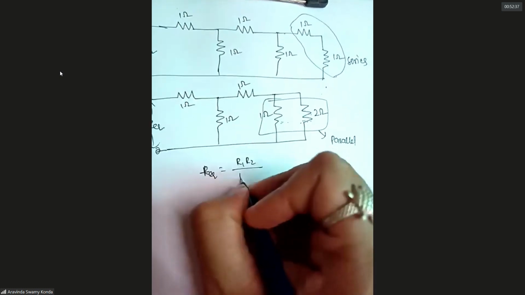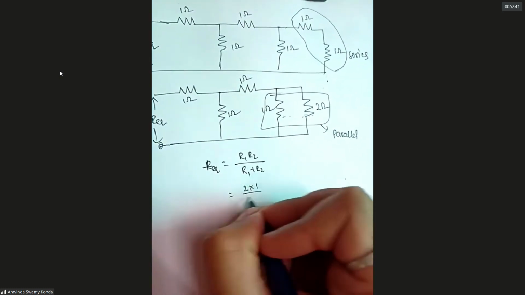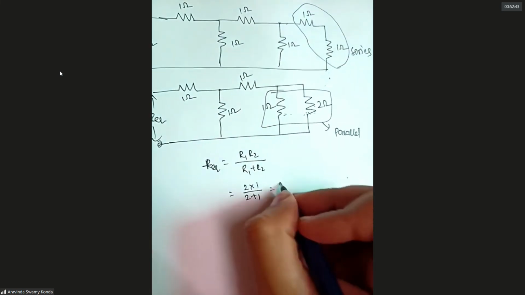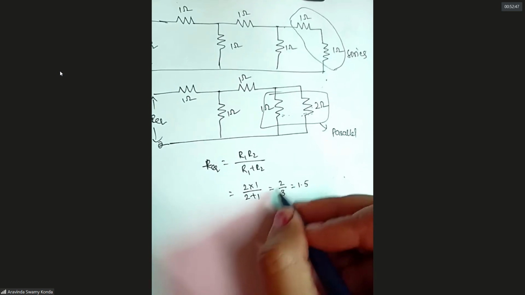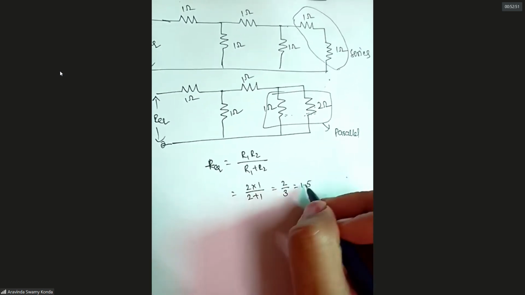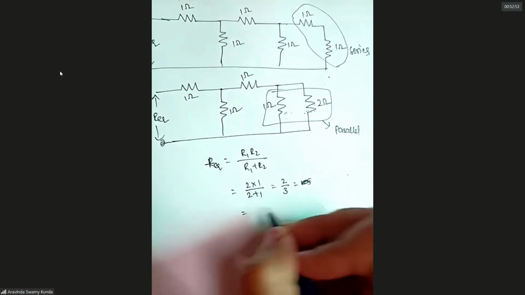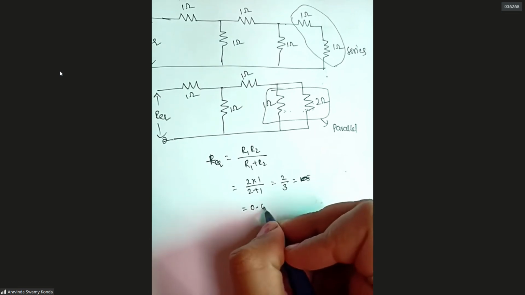That is 2 into 1 by 2 plus 1, 2 by 3, that is 1.5. How much? 2 by 3 is not 1.5, how much? 0.66 ohms.